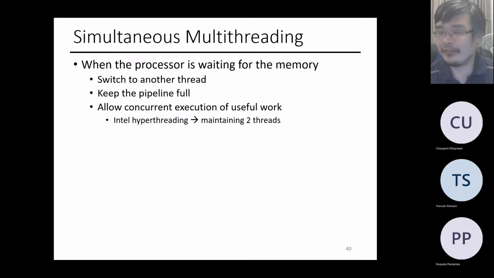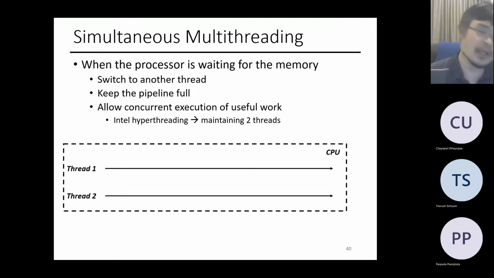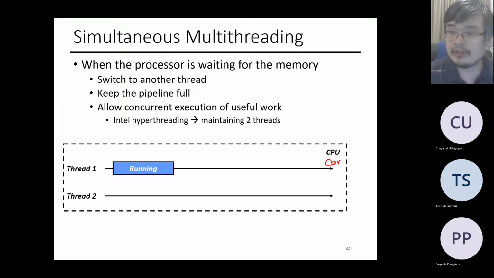An example of this is Intel's hyper-threading technology, which maintains 2 threads, right? So basically you have thread 1 and thread 2. Again, as I said, only one of them can run at any given time because you only have one core. Let's look at one core, one processor.